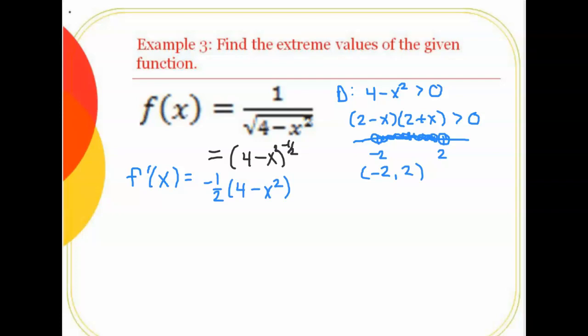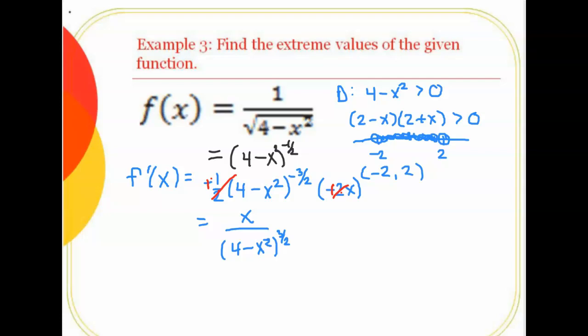You subtract 1, so you get negative 3/2 times the derivative of the inside, which is negative 2x. And then what's really nice about this is the negatives become a positive, because a negative times a negative is a positive. 1/2 times 2 becomes 1. So our derivative simplifies to x over 4 minus x squared to the 3/2.